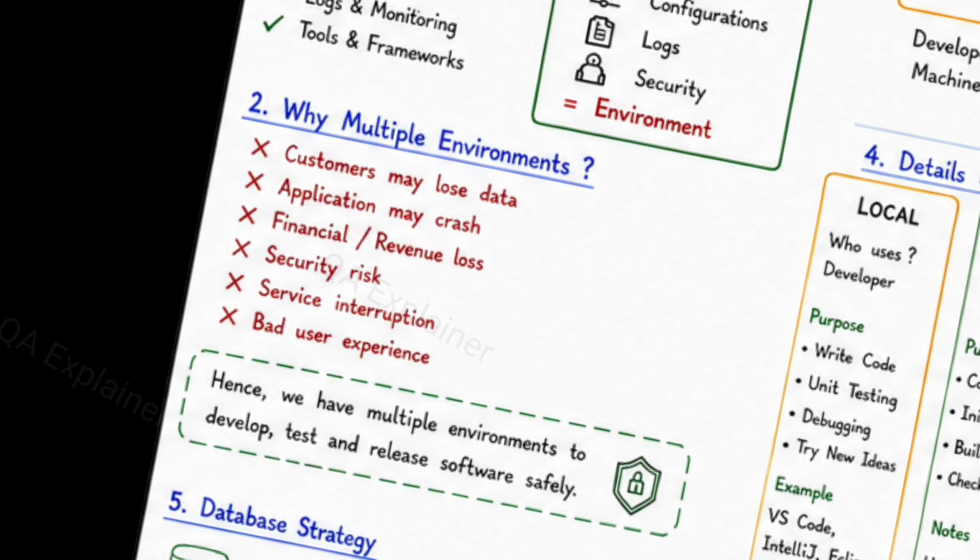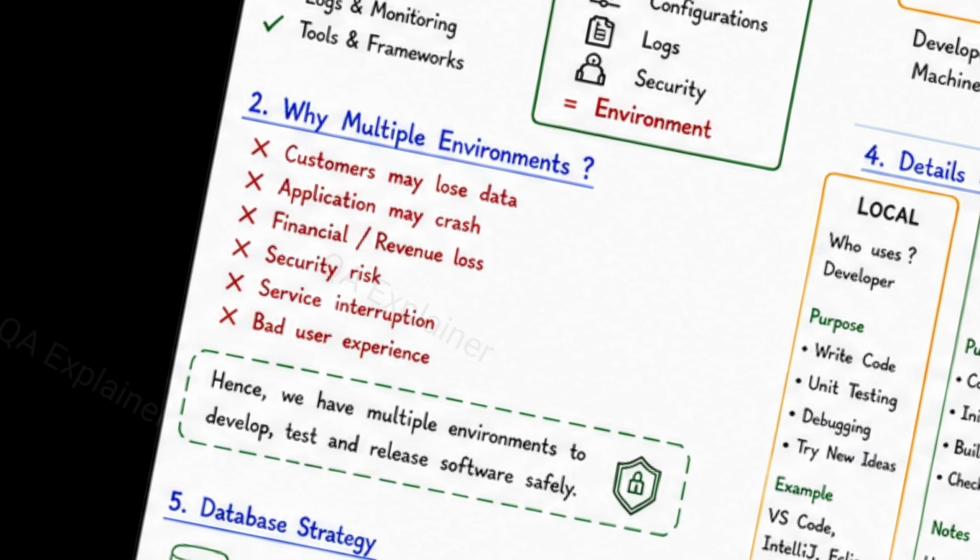Another thing is that the application may crash because sometimes environments are not stable. If we had only one single environment and the application crashed, our entire business would go down, so we would have financial and revenue loss as well. Then there is security risk. If a penetration happens inside our environment, along with customer data loss, we can lose our company's data as well.